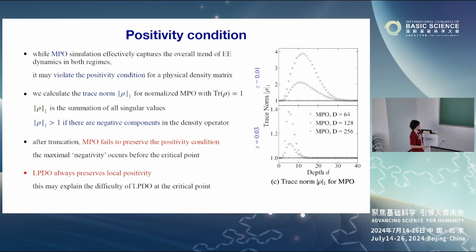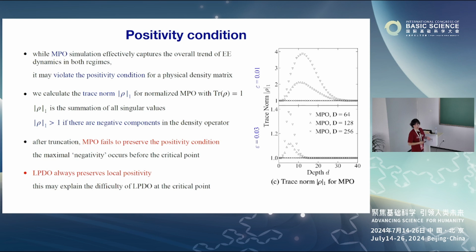For increasing depth, we see the threshold will be larger than 1. The peak of this maximal threshold is lower than the optimal depth we introduced before. So we see that after truncation, this MPO fails to preserve the positivity condition.